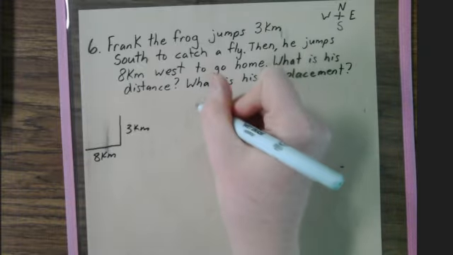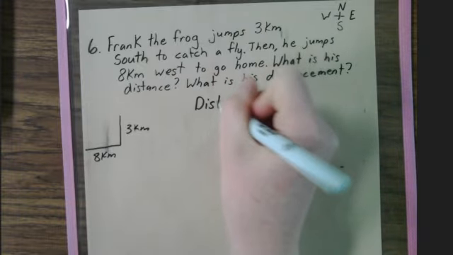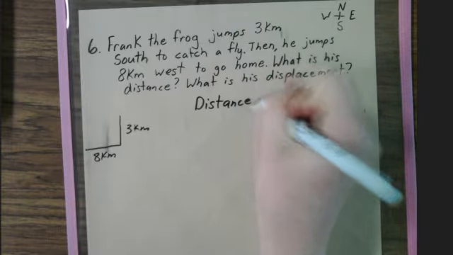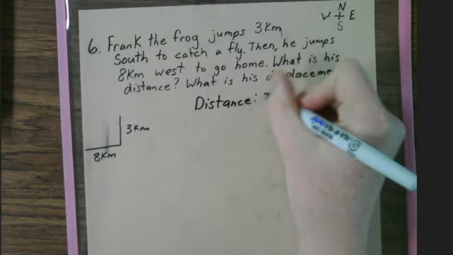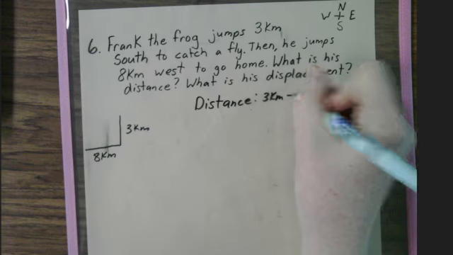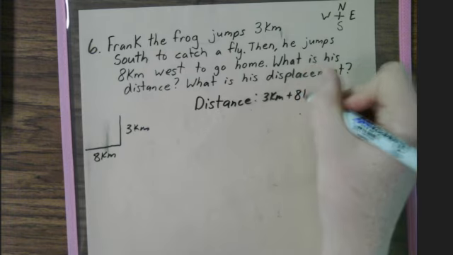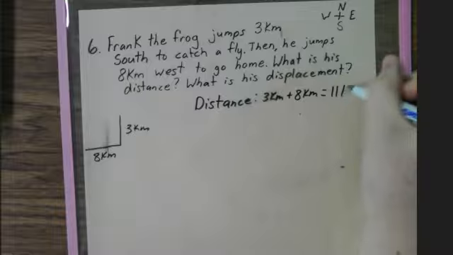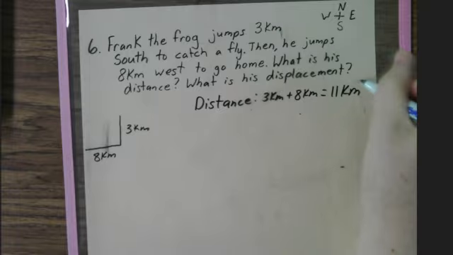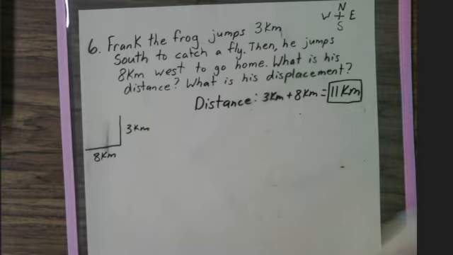Let's do our distance first. Distance, we're just going to add those both together. 3 kilometers plus 8 kilometers is equal to 11 kilometers. Here is our distance.